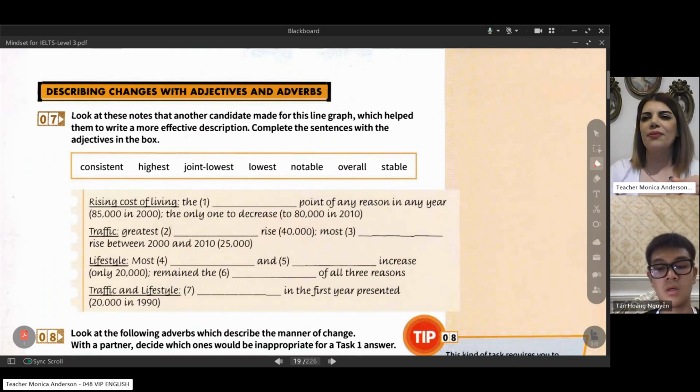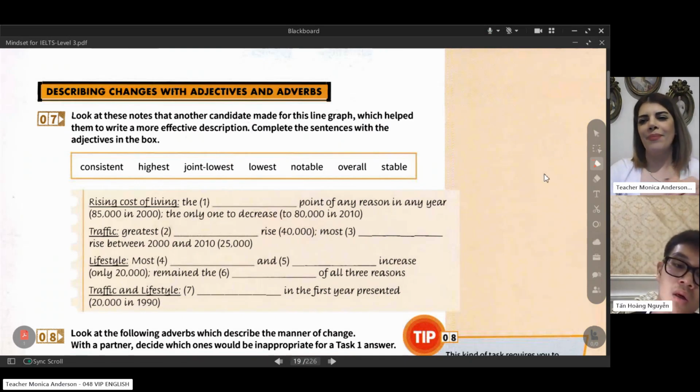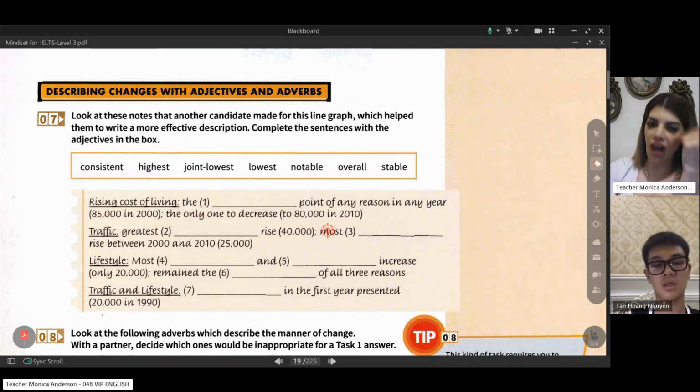Just guess. I think the highest. The highest, let me check. Rising cost of living, yeah, the highest, of course. Very good.